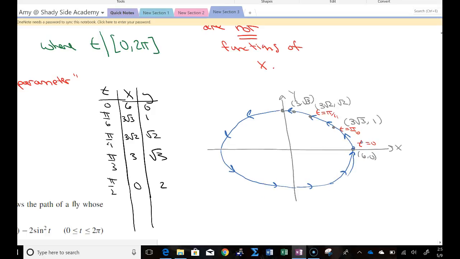So make a note, you need to show the arrows that indicate the direction of increasing parameter. And remember, parameter means the direction of increasing t.